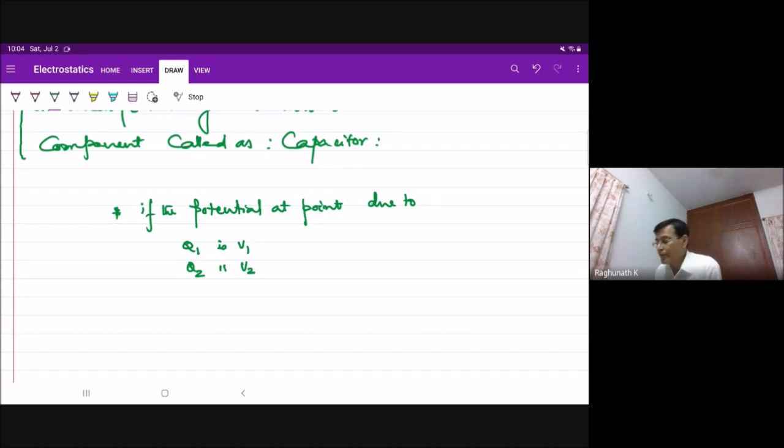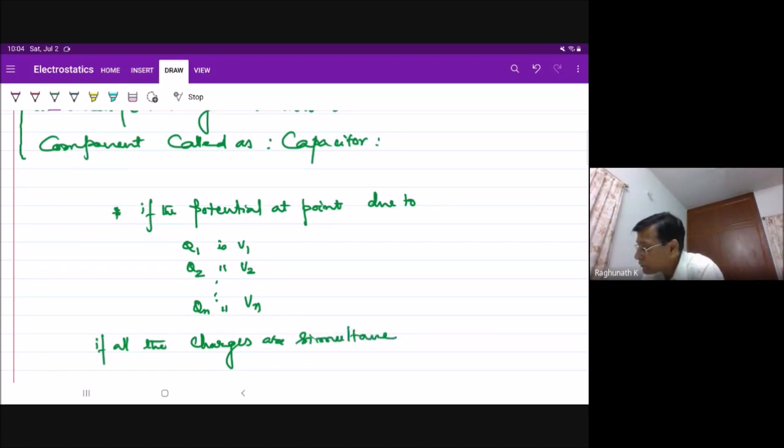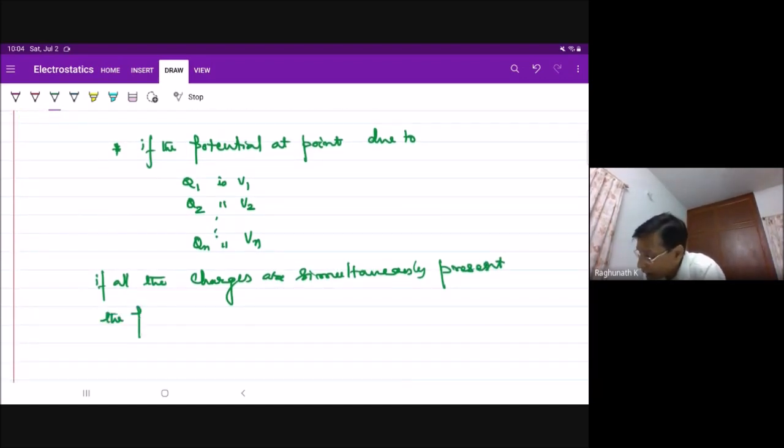At the same point, if the potential due to a charge Q1 somewhere is V1, Q2 at some other point is V2, and Qn is Vn, when all the charges are simultaneously present, the potential at that point is the summation of Vi.